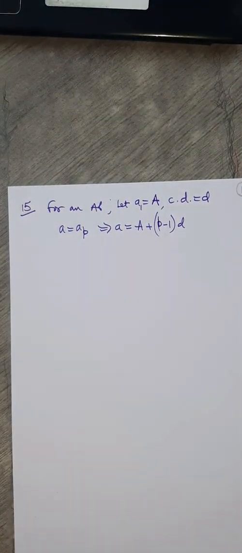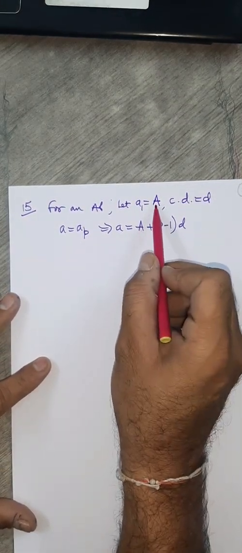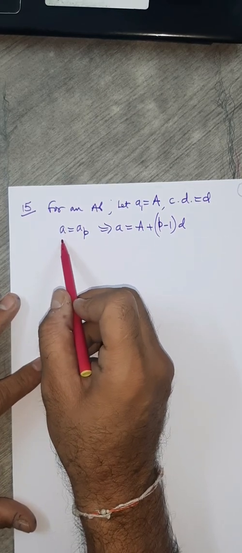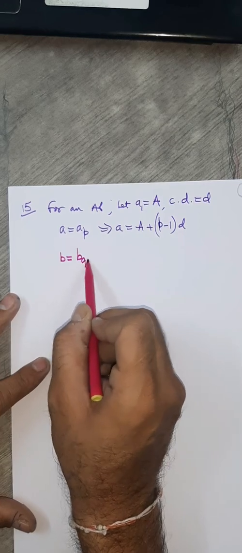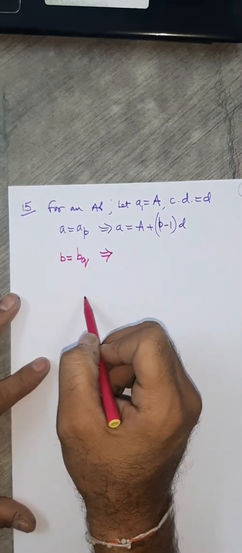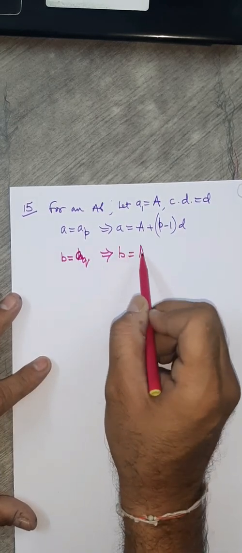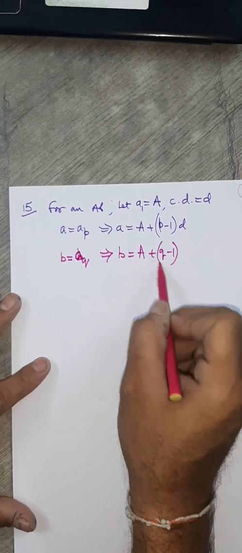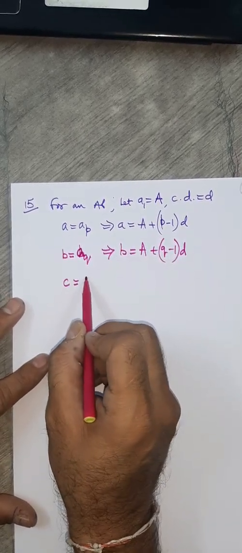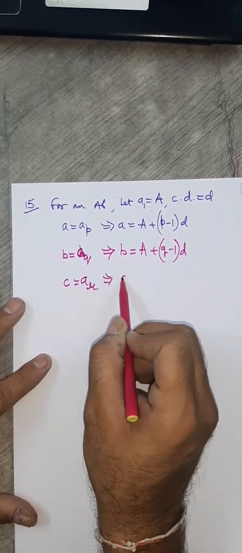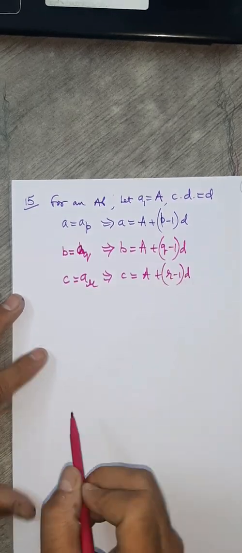For an arithmetic progression, I've written the first term as big A. Why not use small a? Because small a is already used in the data. What is small b? Which is nothing but the qth term, aq. So b equals to A plus q minus 1 into d. And what is small c? That is nothing but the rth term. So here, c equals to A plus r minus 1 into d.